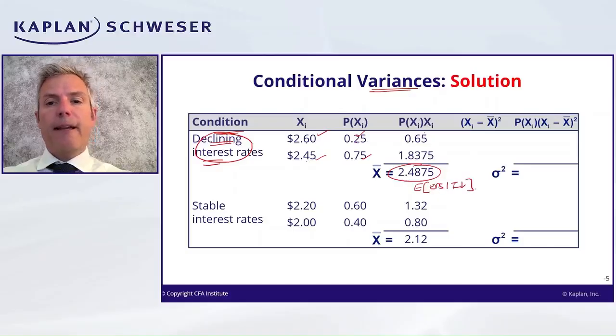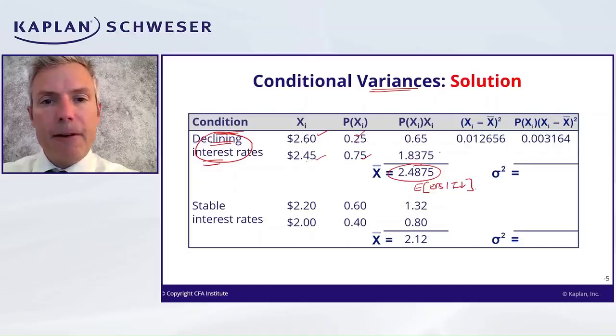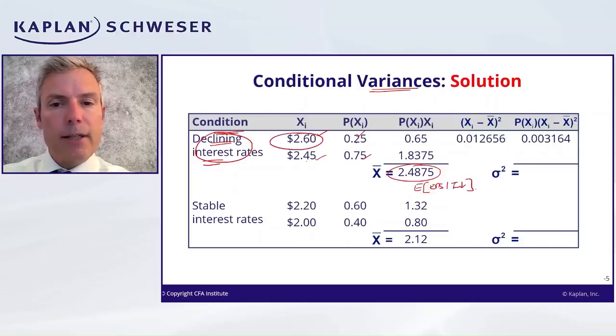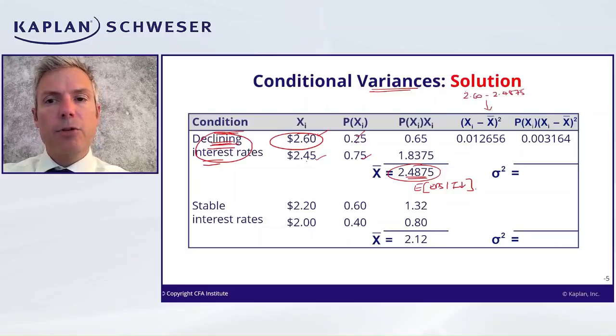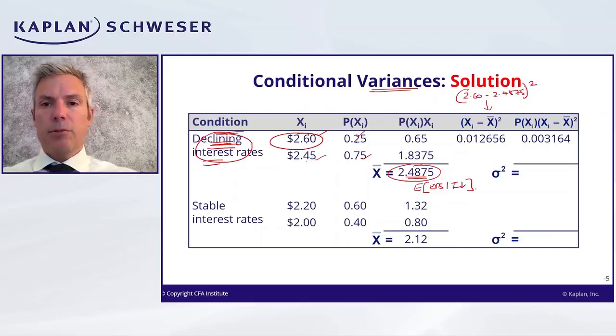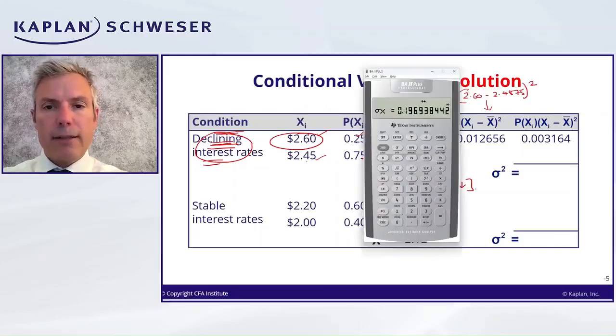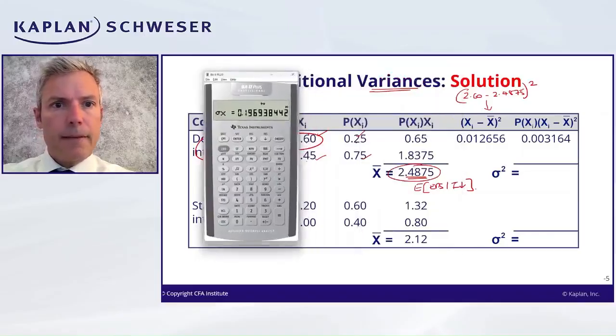Then we start thinking about how far away this 2.60 is from that new conditional expected EPS in this world. So this number here must be 2.60 minus 2.4875 squared.